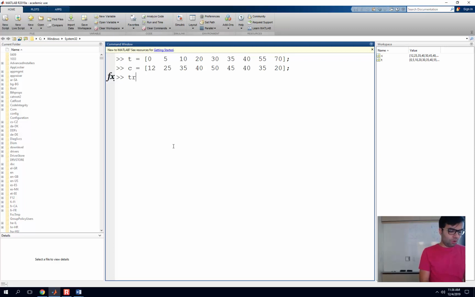So one way to do this is trapz of t comma q, which was 30, times c. That's one way. Or 30 times trapz of t comma c. They're the same. Should be the same.